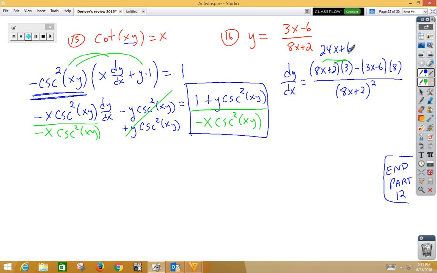We distribute the 8 and the negative. Don't forget to distribute the negative. So we have a negative 24x, but then we have a positive 48. So dy dx is equal to 48 plus 6 would be 54 over 8x plus 2 squared.